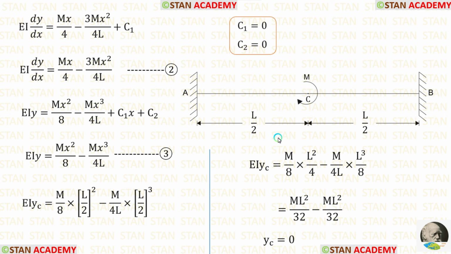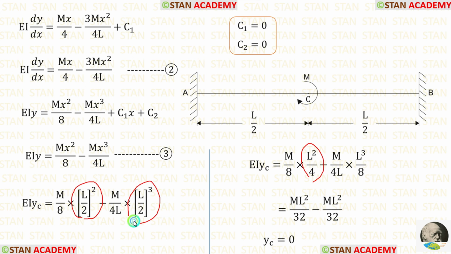Now let us find the deflection in the center of the beam, that is the point C. We know that this is the equation for the deflection. To find the deflection in the center, in this equation, instead of x, we have to apply L upon 2. L upon 2, the whole square, we will get L square upon 4.